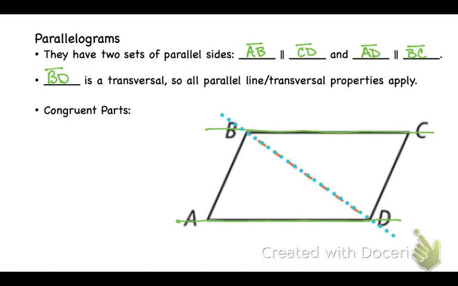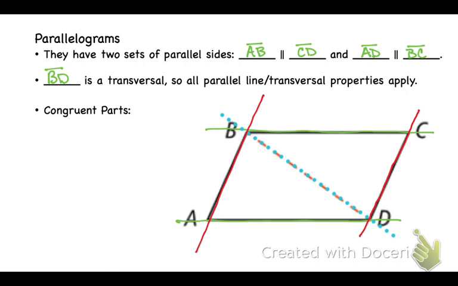Well, AB is a transversal of BC and AD, isn't it? CD is also a transversal of BC and AD. But isn't BC a transversal of AB and DC? You have a lot of parallel lines and a lot of transversals, don't you?